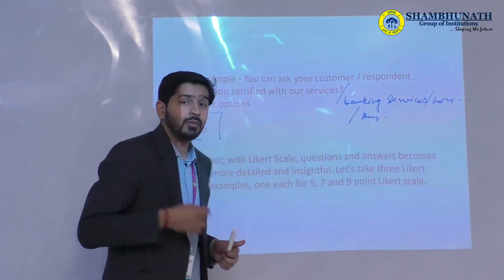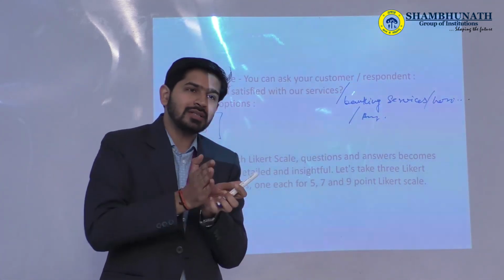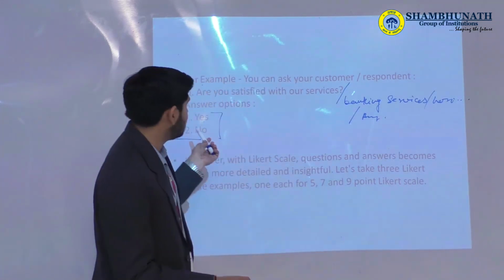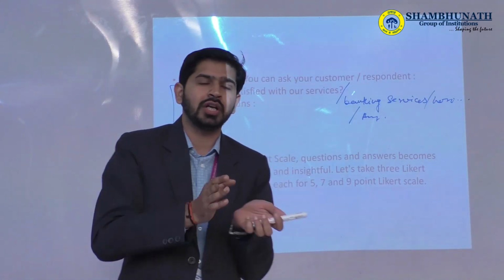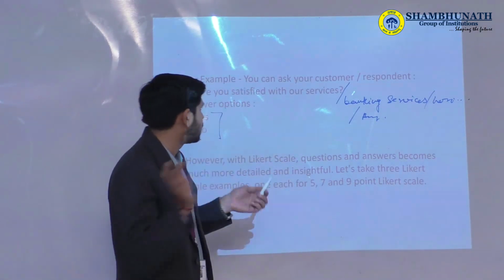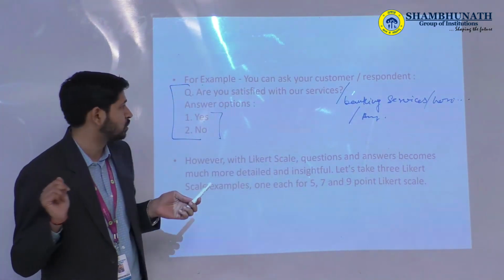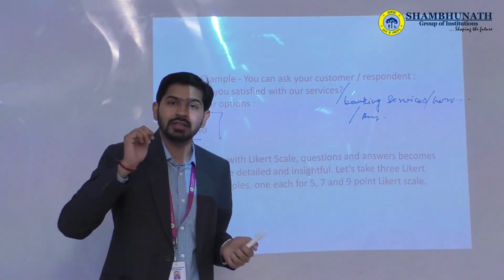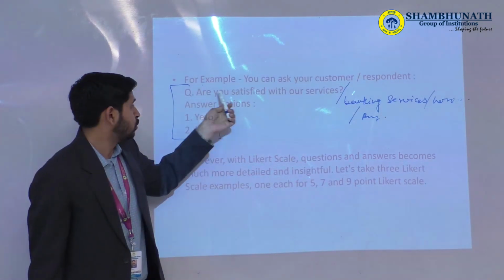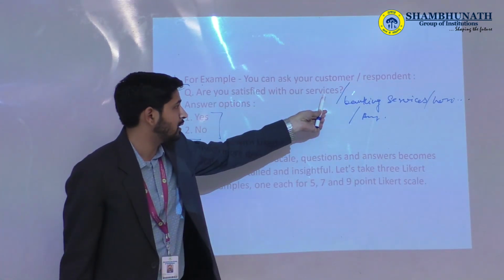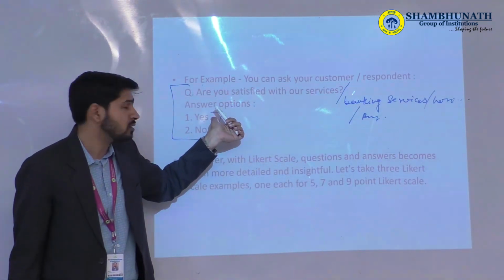Maybe some say we are 30% satisfied with your services, but somehow we are 30 to 40 or 50 or 60, whatever the percentage, not satisfied with your service. It means they are not giving the exact answer of yes or no. So your question is, are you satisfied with our services? You have to say yes or no.